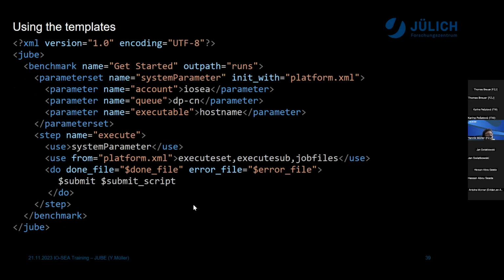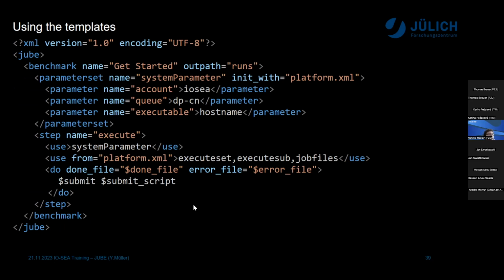This is somewhat similar to the IOR example that we've seen at the end, but I've simplified it. I would say this is a perfect copy and paste template to start your first actual JUBE file.